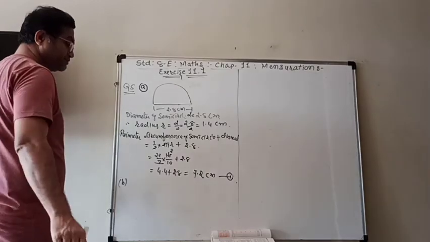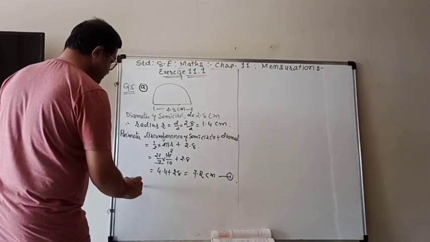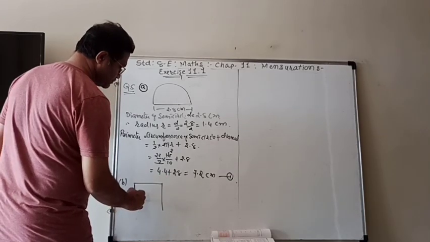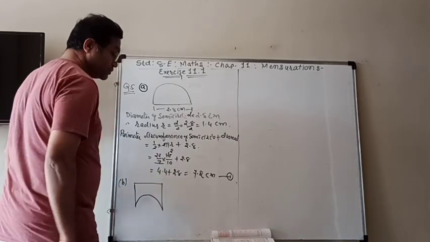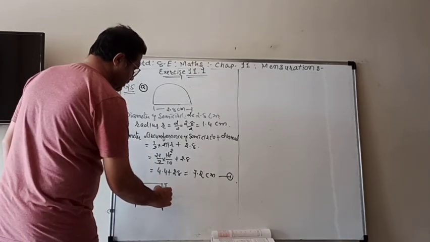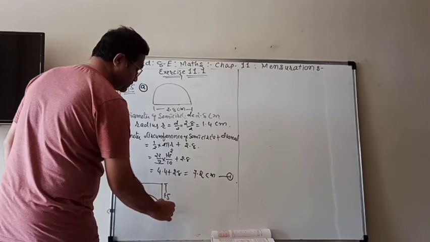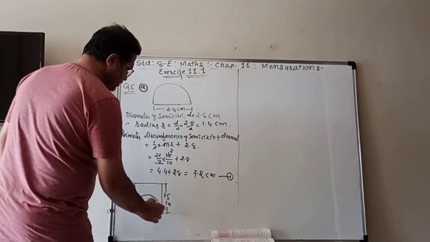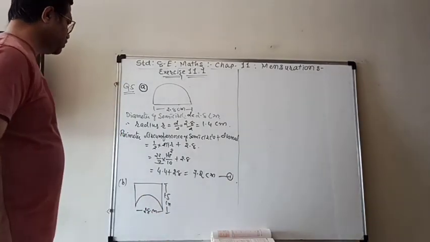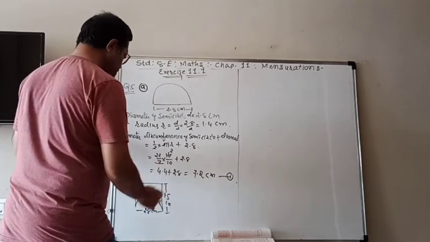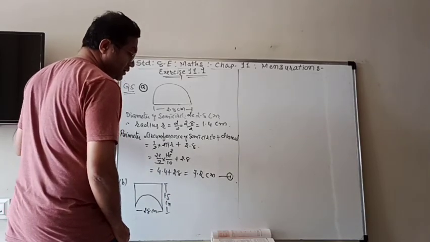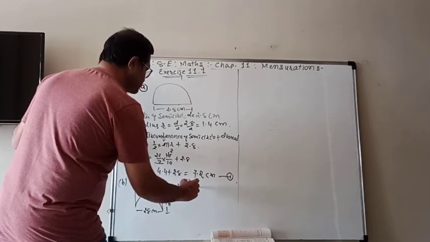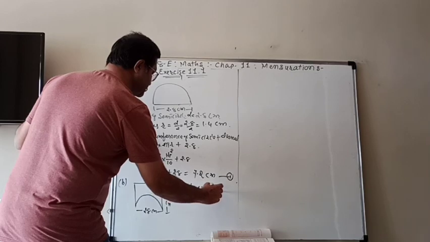Now the second one. Second one has something like that. Here the length is 1.5 centimeter and the diameter is the same, 2.8 centimeter.